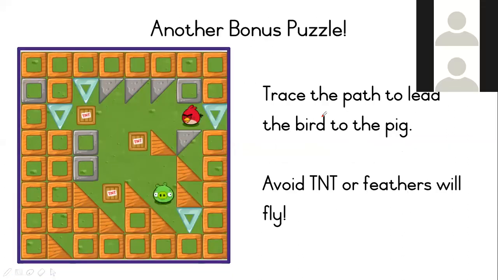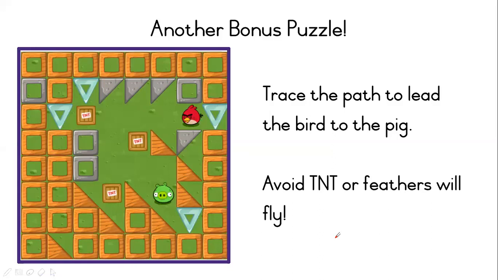If we finish that challenge, we are going to do another bonus puzzle. Here again, my advice is to trace the path to lead the bird to the pig with your finger, so that you can see how many blocks, because on these Angry Bird puzzles the blocks are not defined as clearly as on the other puzzles.